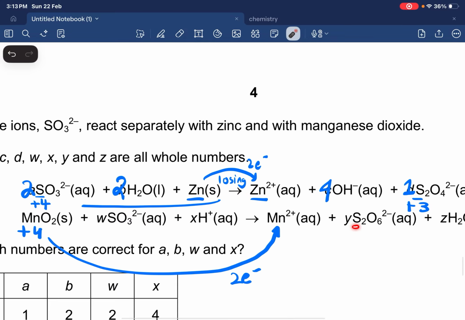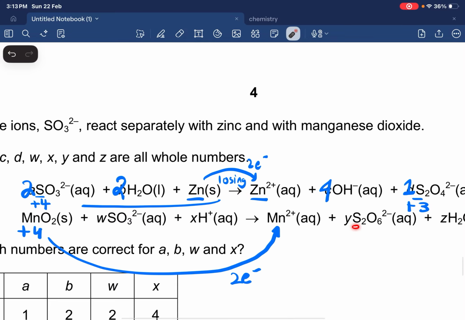Over here, the oxidation state of sulfur is 2 3s are 6 minus 2 plus 4. Over here, it should be a plus 5. Because now we're going to add a 2 here. That means 2 atoms each going to lose 1 electron. So that's how we go from plus 4 to plus 5. And then where 2 electrons are going to be lost, then we're going to gain 2 electrons.